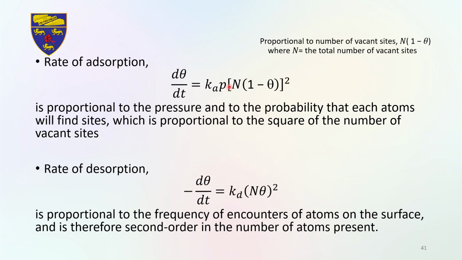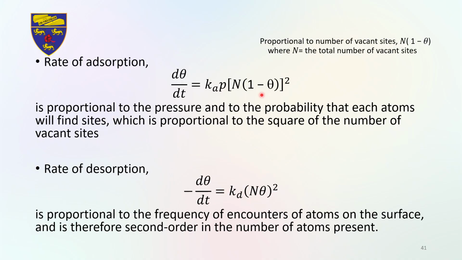In addition to that, in the rate law here, we also have the square term, which is n multiplied by 1 minus theta. And this is the most important change, since the molecule must find two sites that simultaneously allow it to adsorb on the surface.